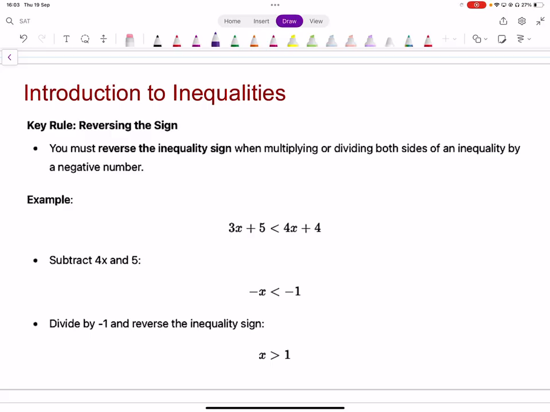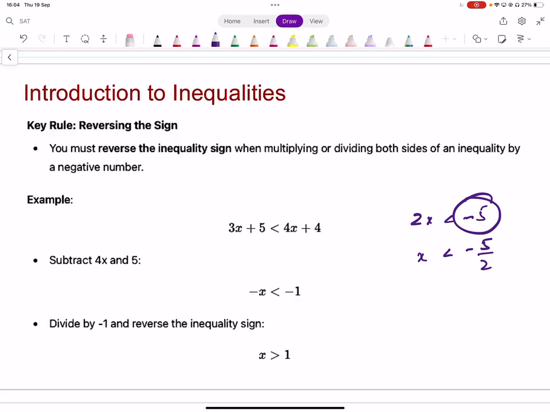If you have something like 2x less than minus 5, when you divide by 2, what happens to the inequality sign? It remains the same. It becomes x less than minus 5 over 2. We have a negative number here, isn't the sign going to change?